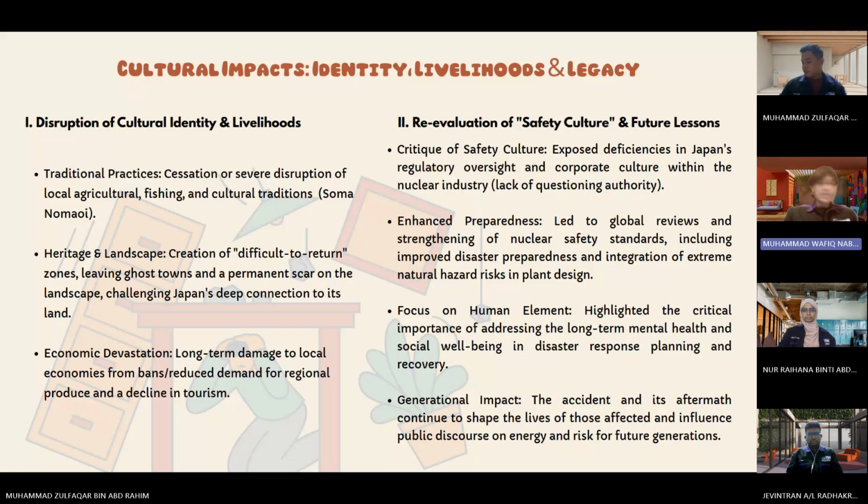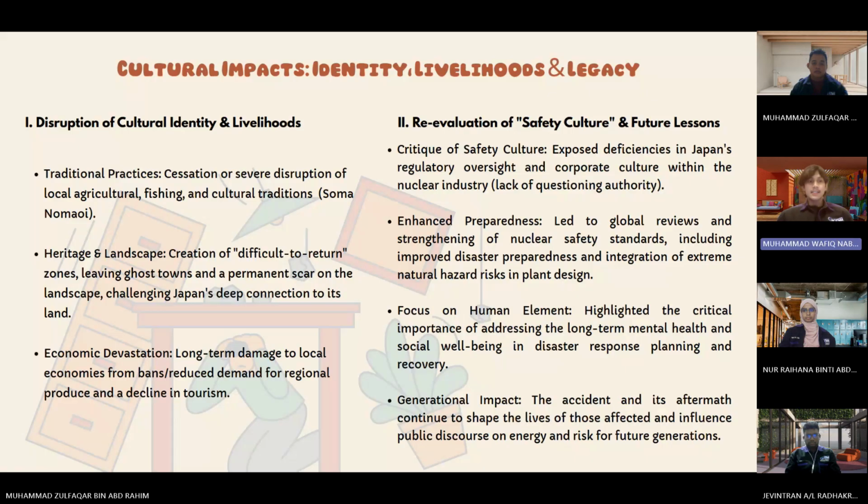The first of all is a disruption of cultural identity and livelihoods. First is traditional practices, disruption of local agricultural, fishing, and cultural traditions in like Soma Namie.